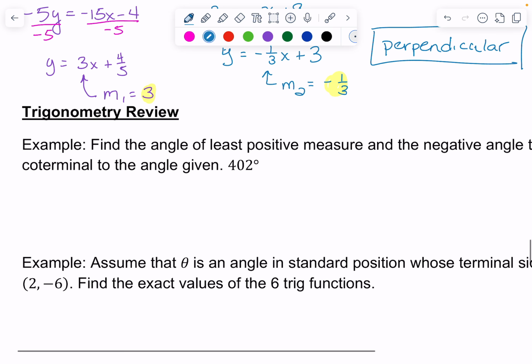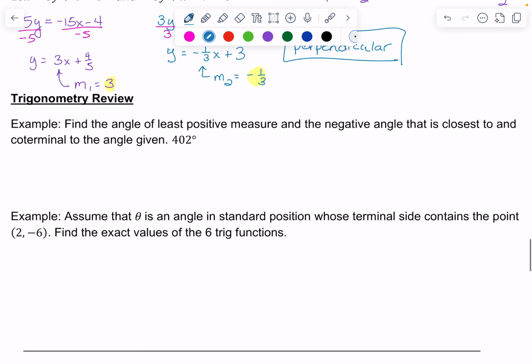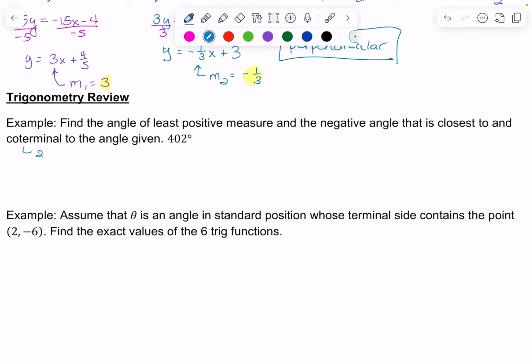Trigonometry review. We want to find the angle of least positive measure and the negative angle that is closest to, coterminal to, the angle of 402 degrees. Remember, coterminal angles are 360 degrees apart.